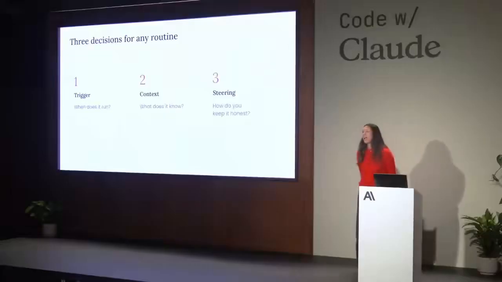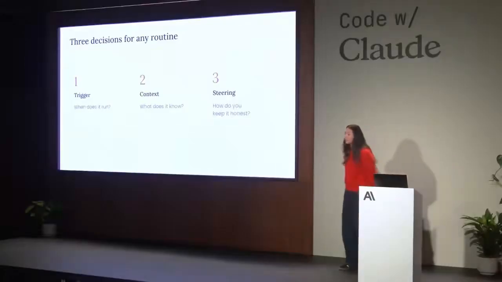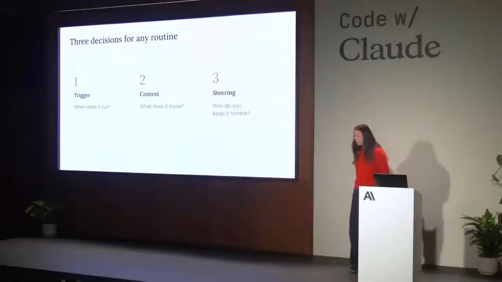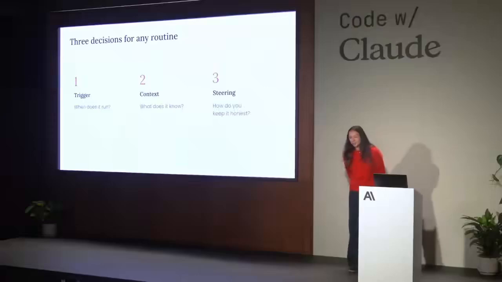Do you need access to certain docs, or does Claude need access to certain tools to ping you? Finally, the last thing to think about is how you steer Claude in the session to keep it honest. How do you guide Claude to the output that you want? We'll dive into each one of these, and I'll talk through how Sarah, a member of our team, does this to automate documentation creation.